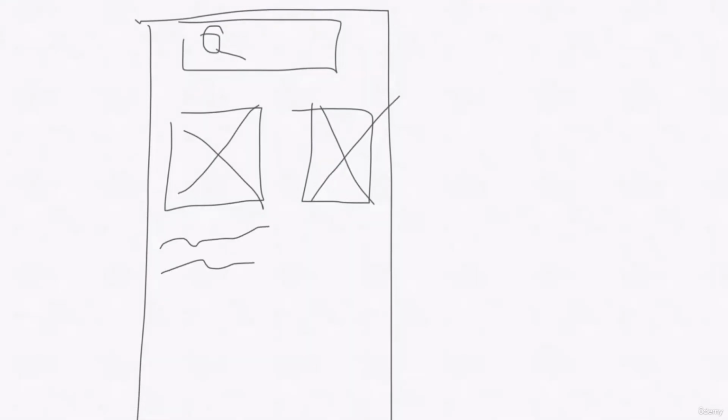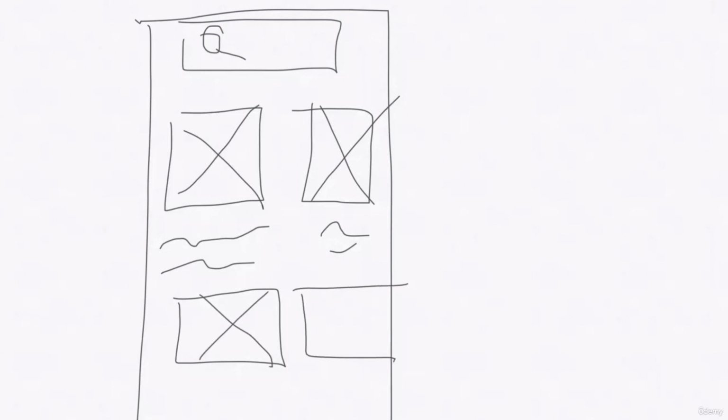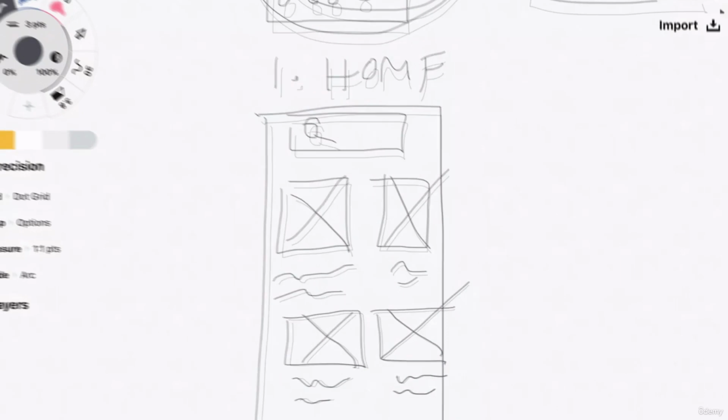So we'll start thinking about maybe there are images here of products they could like, products based off of their interests, products that are in their wish list and on sale. So we start thinking about these different types of scenarios.